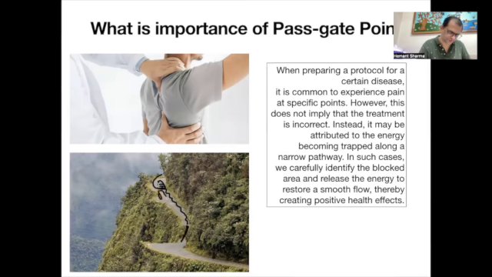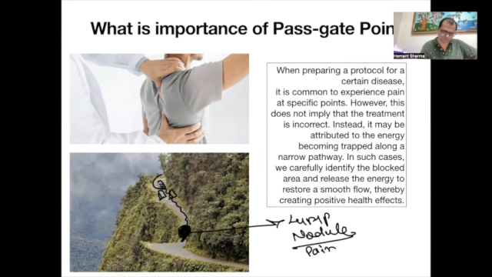Maybe 2-3 cars are moving together, and because there is a very narrow path, they get stuck here. So there is a formation of a lump here. Nodule. Or maybe only a painful area.